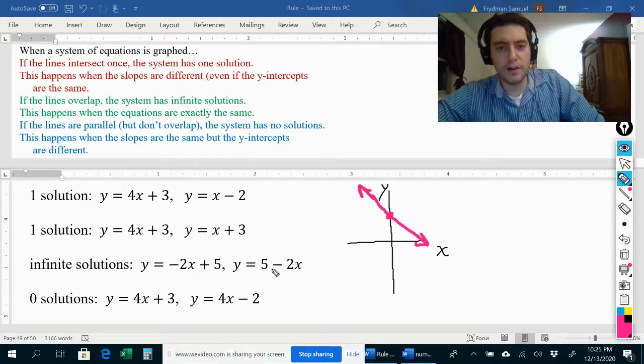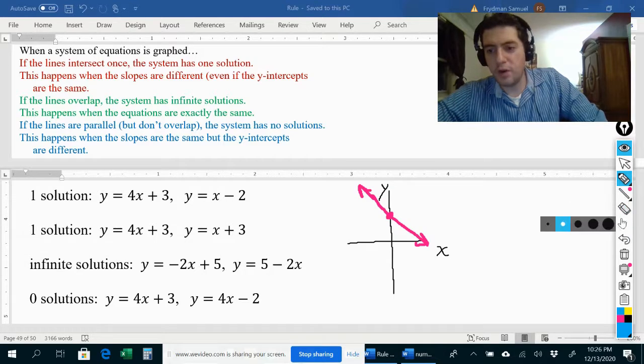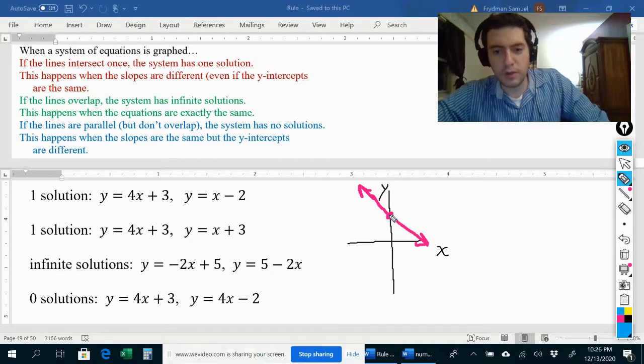This line over here also has the constant term, the term that does not have an x next to it, of positive 5. So the y-intercept would also be right over here. And the number next to x is, well, we have a minus 2 over here, so that slope is also going to be negative 2.